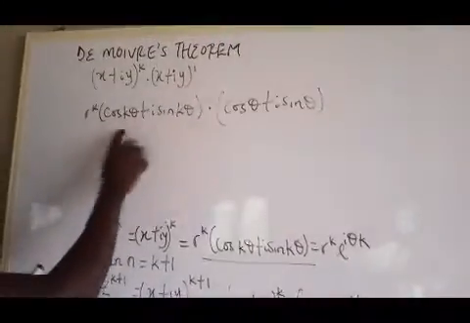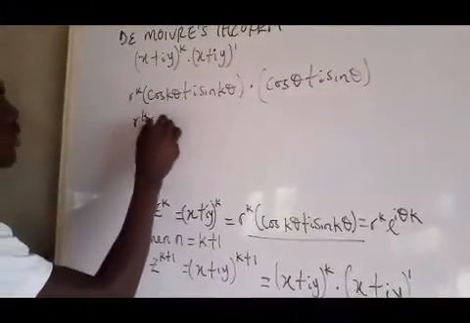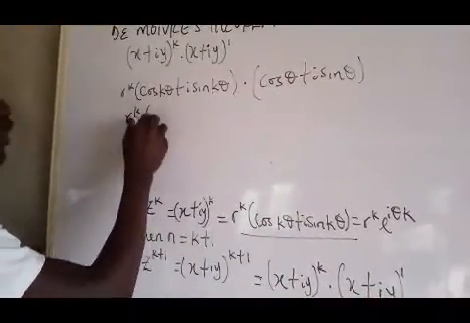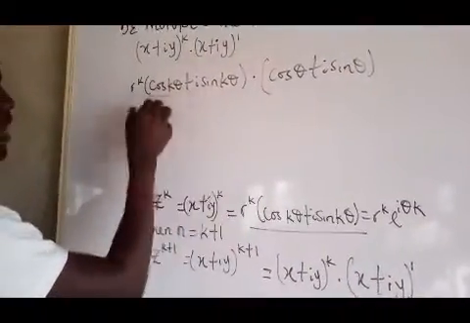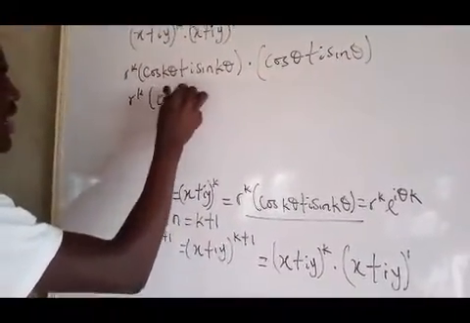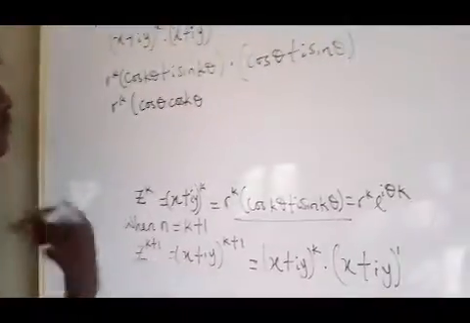So first multiply this with this one. So that will be r raised to power k equals r raised to power k (cos kθ times cos θ, which will give us cos θ cos kθ, right?